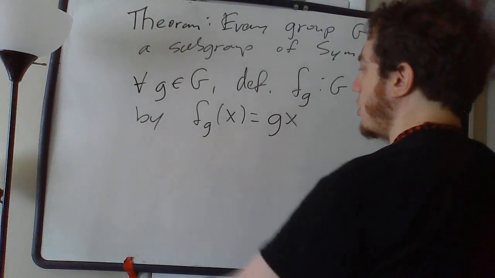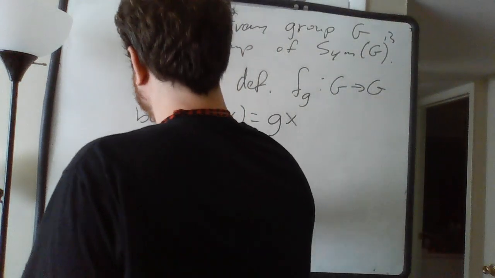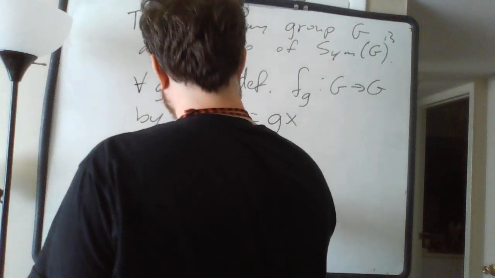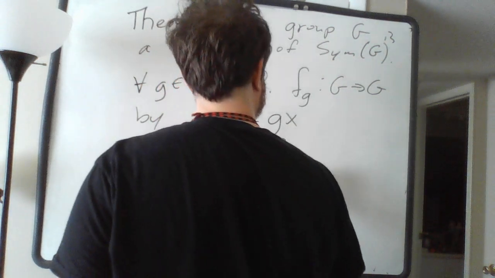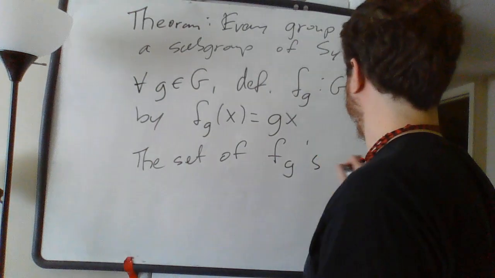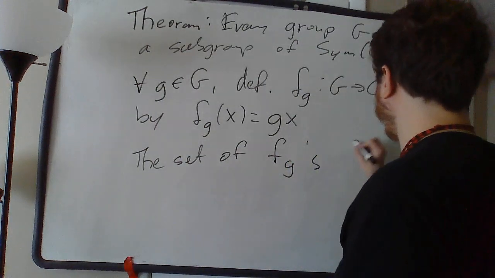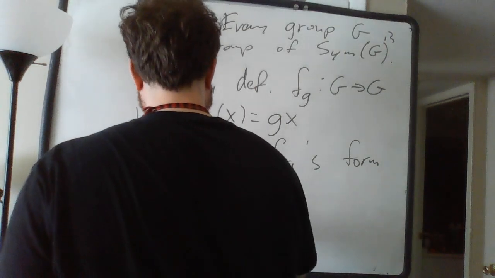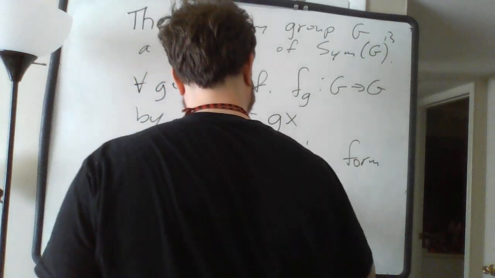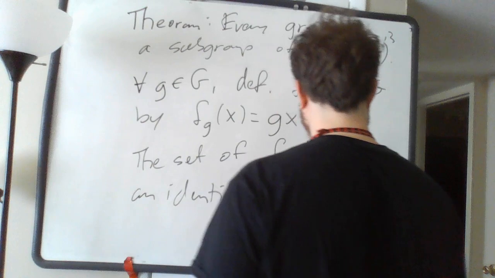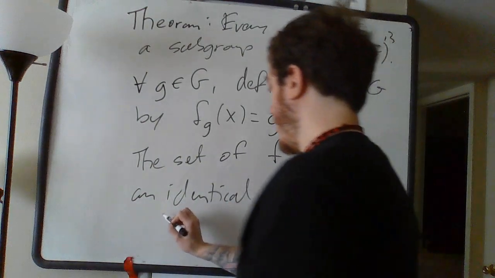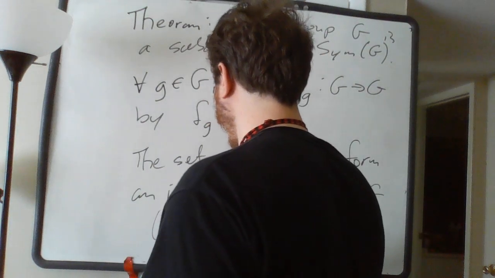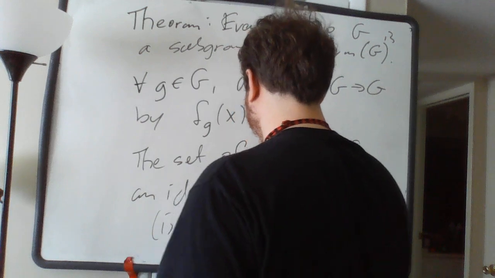And then we show that the set of f_g, or all these functions, form an identical group to G. Now, by identical here, we mean isomorphic, which I haven't really talked about.